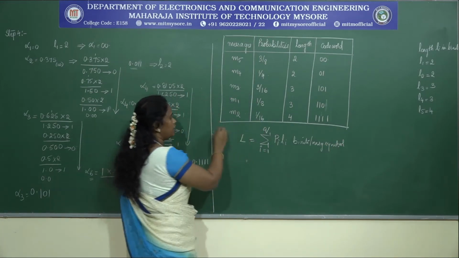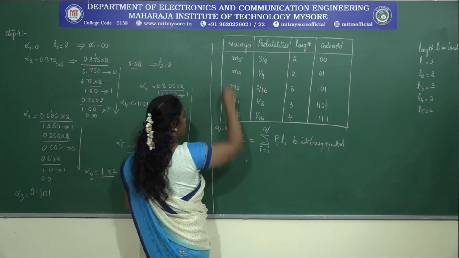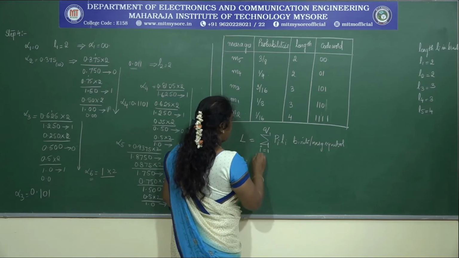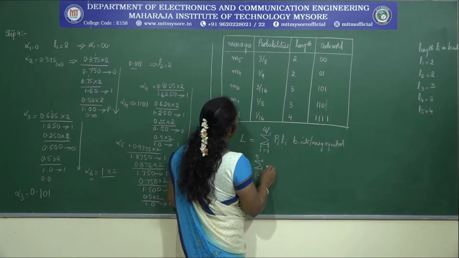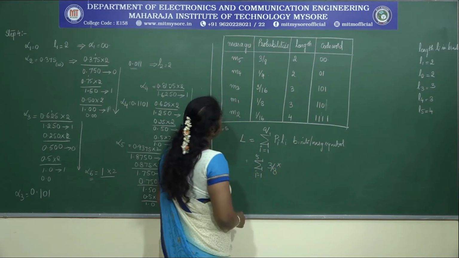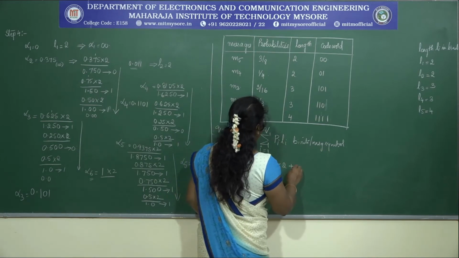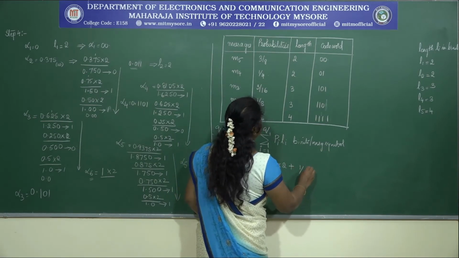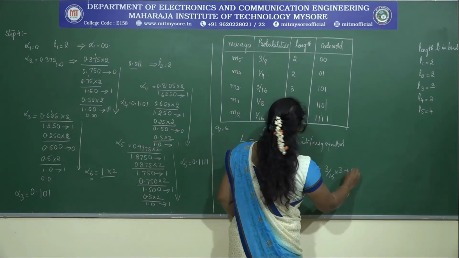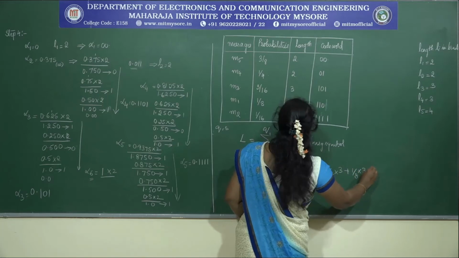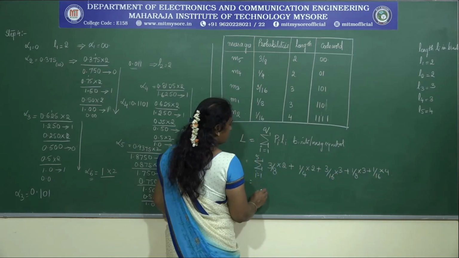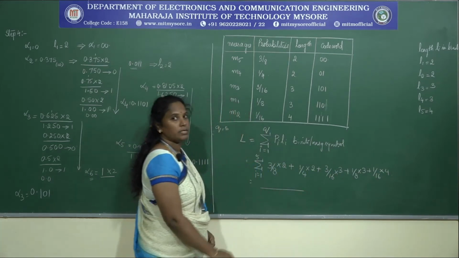We have 5, that is Q is equal to 5, since we have 5 messages. So the summation varies from i equal to 1 to 5. What is Pi into Li? It is 3 by 8 into 2 plus 1 by 4 into 2 plus 3 by 16 into 3 plus 1 by 8 into 3 plus 1 by 16 into 4. If you simplify this, you will get the average length L.